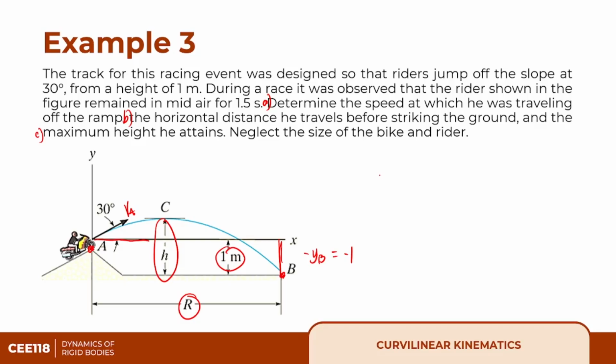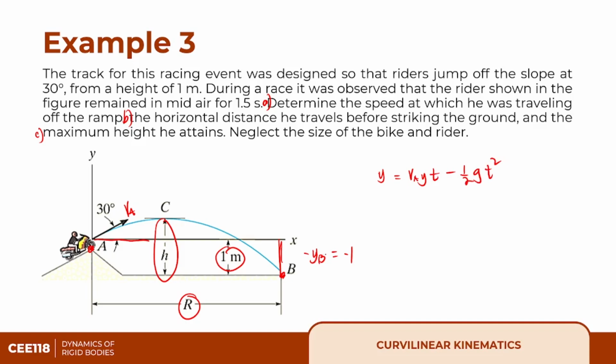So our formula, y is equal to initial velocity. We cannot use the x tangent theta because our R or x is also unknown. So instead of using that one, let's use the original, which is VA y t minus 1 half, then we have g t square.